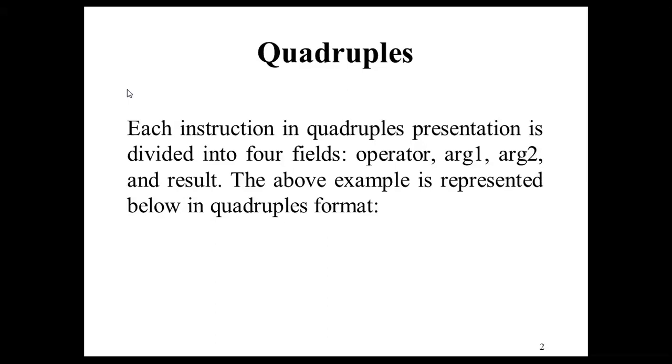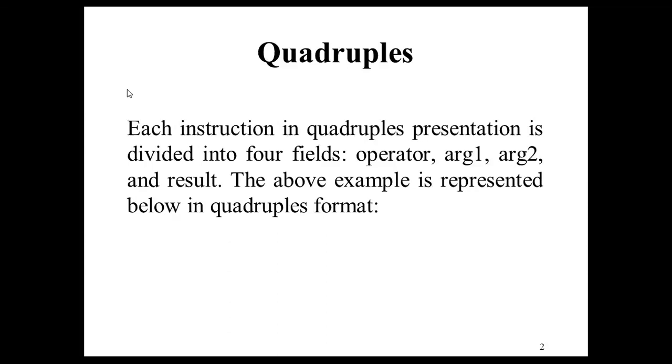How are we going to divide into quadruples? In this case, we use two arguments, argument 1 and argument 2, and the third one is the operator. Another variable is called the result variable.